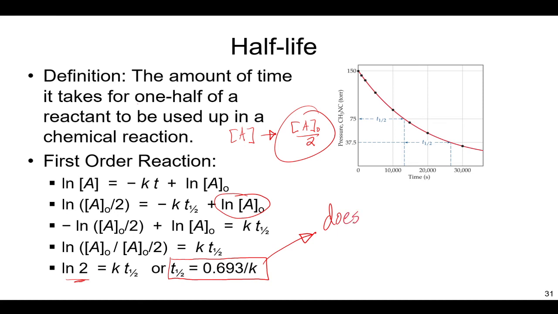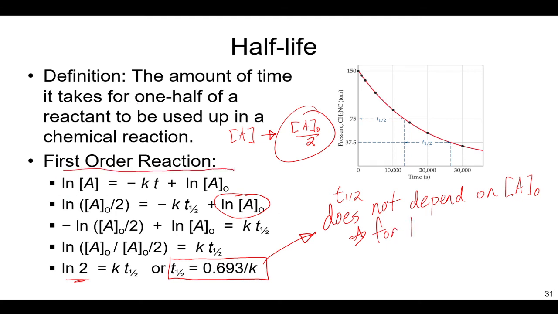And this is a really important result because it shows the half-life does not depend on your initial concentration. But again, this was derived for our integrated rate law for first order reactions, so it only applies to first order reactions.